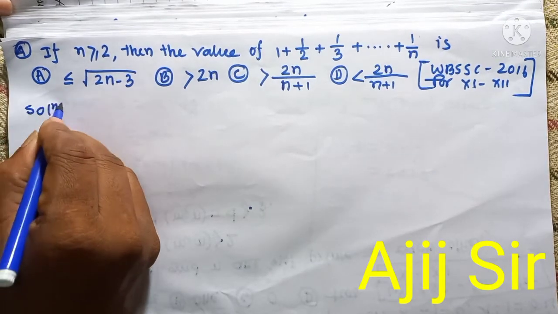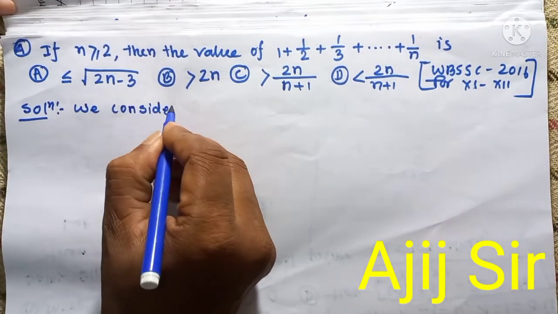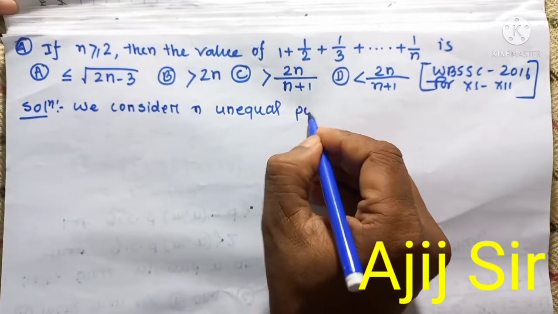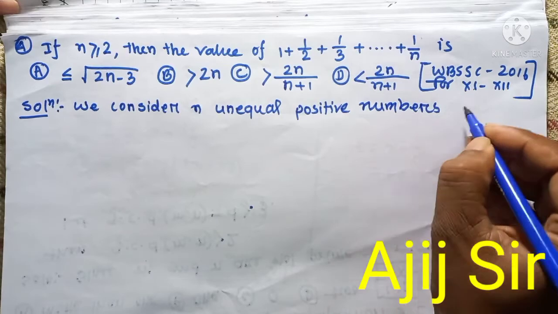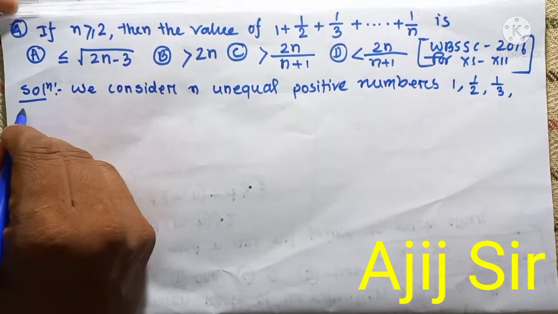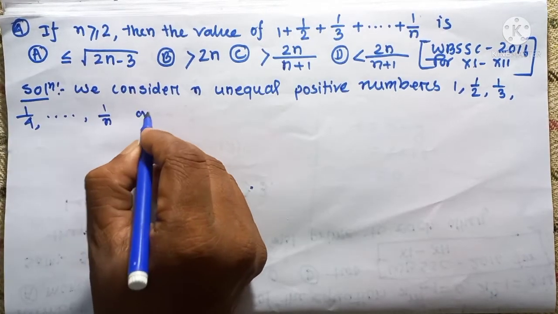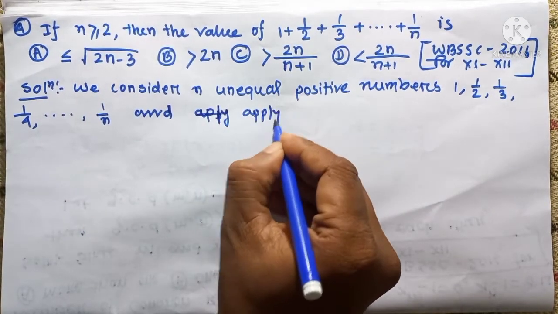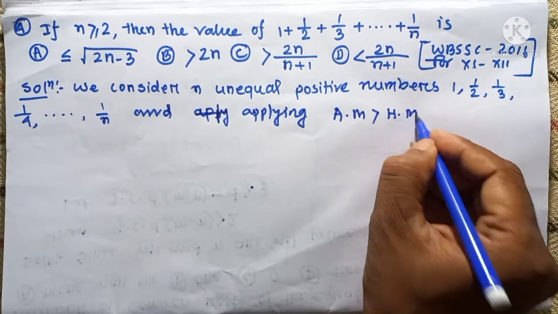Solution: we consider n unequal positive numbers 1, 1 by 2, 1 by 3, 1 by 4, dot, 1 by n, and applying AM greater than HM.